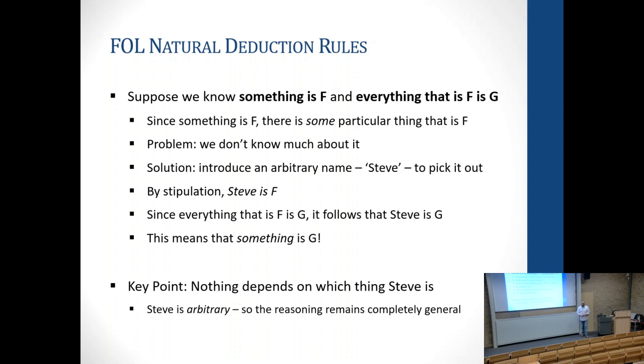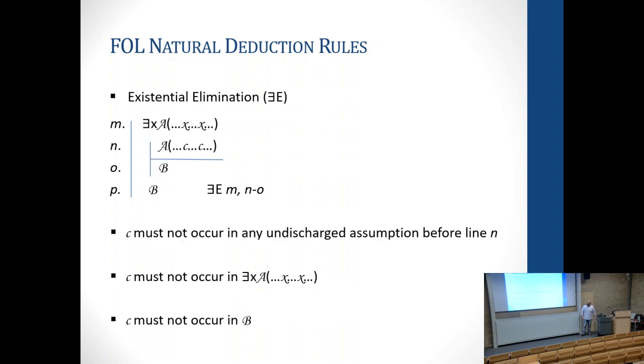So here's how we encode it in the rules. You have an existential. You then open a subproof where you've replaced the associated variables with an arbitrary name. That is, it's a name that isn't already in the sentence, and it doesn't appear in any undischarged assumptions.